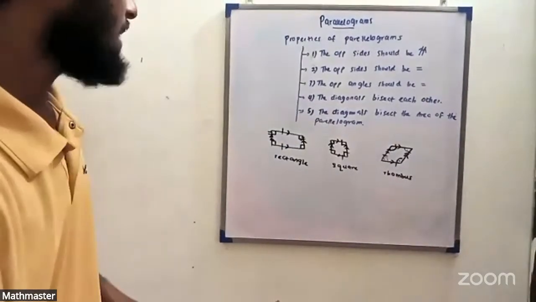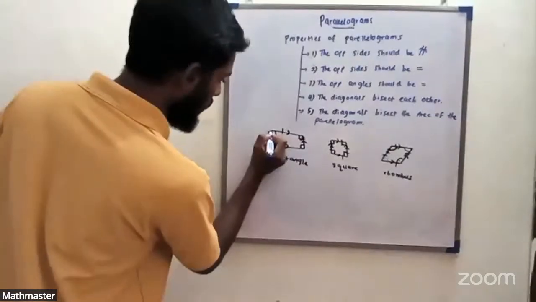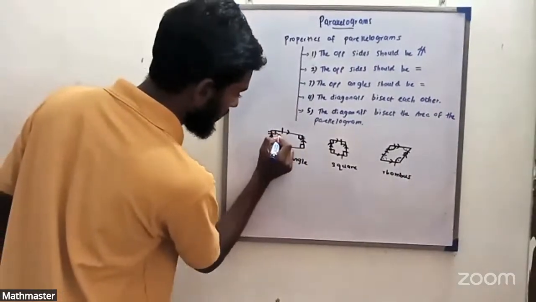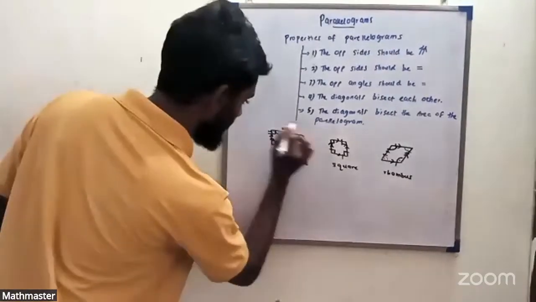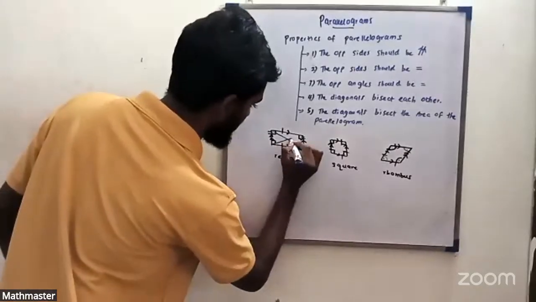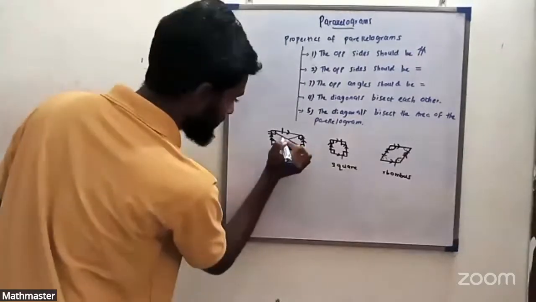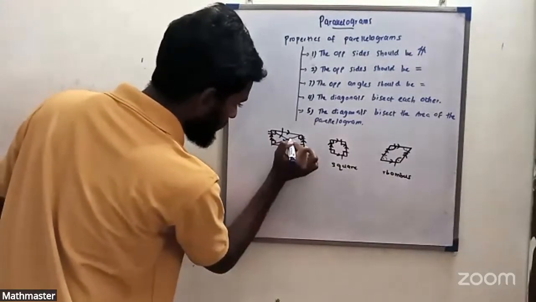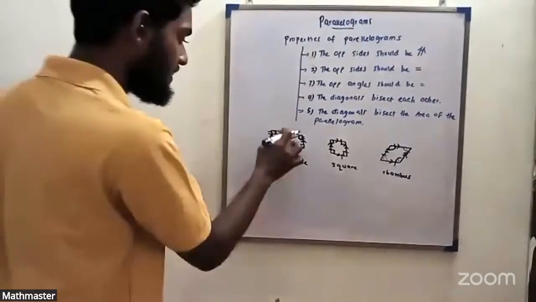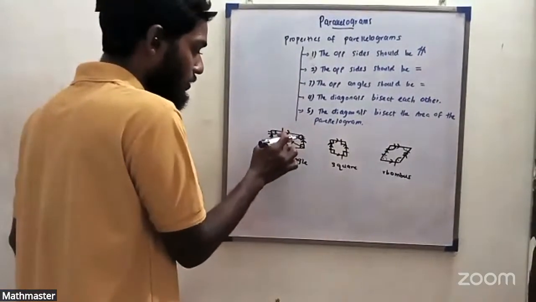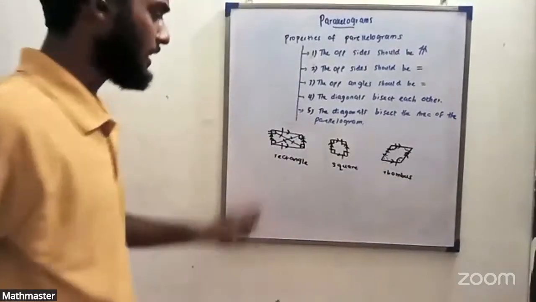The diagonals. What is a diagonal? From one vertex to the opposite vertex. This is what you call a diagonal. These two diagonals will bisect each other equally. What does bisect mean? It cuts equally into four parts: 1, 2, 3, 4. In rectangles, the diagonals cut equally.